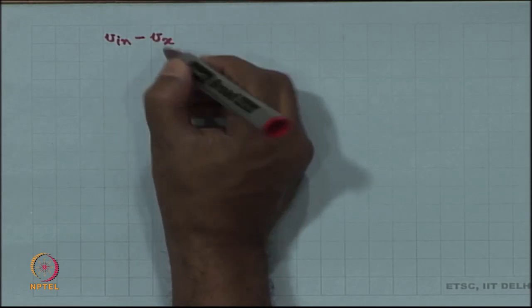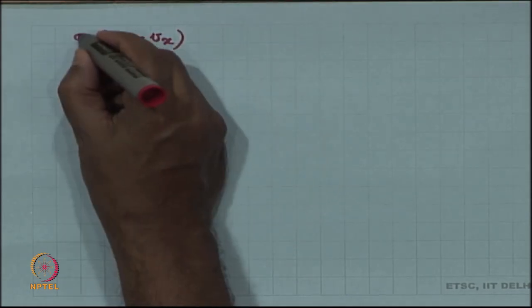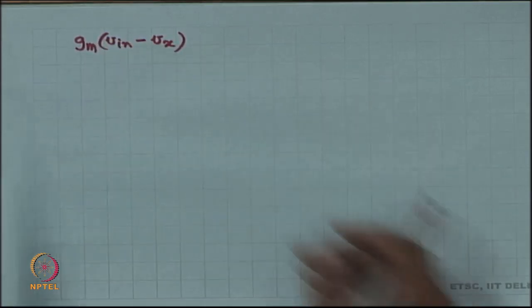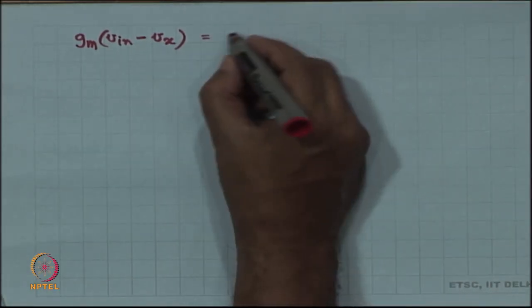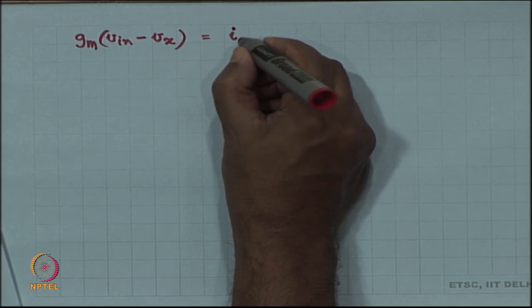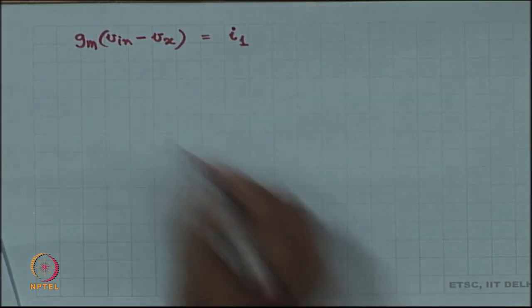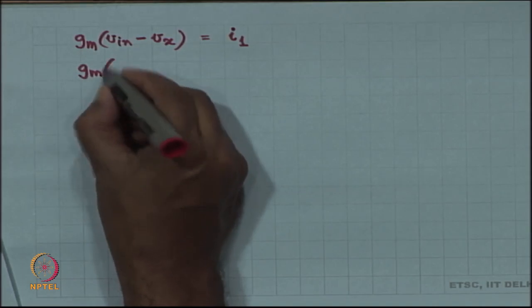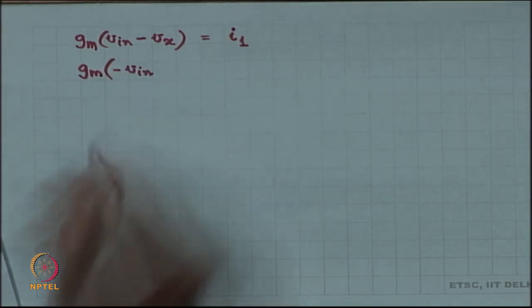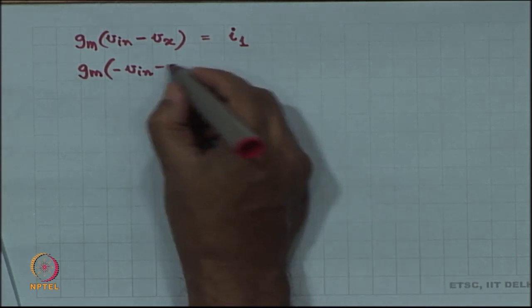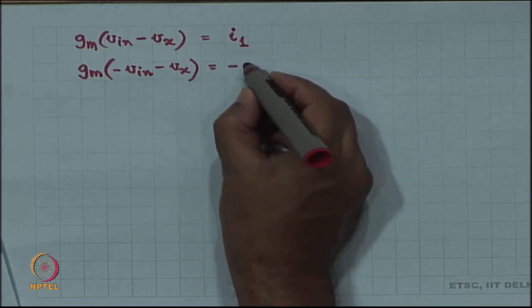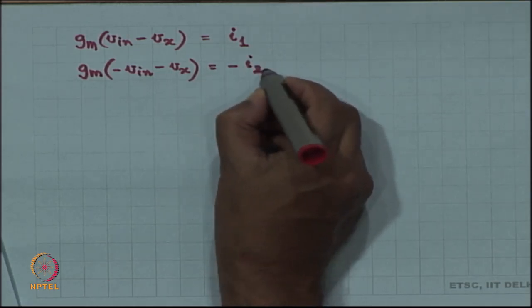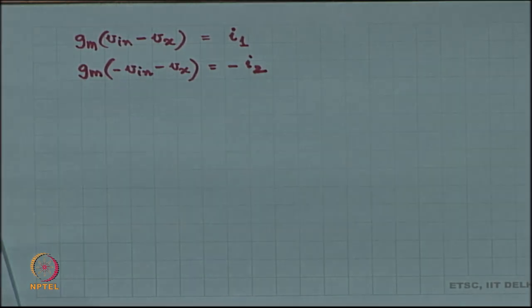So, VGS is Vx, this times Gm is the incremental change in the current on the left side. Okay. And on the other side I applied a small signal minus V in and the source changed by Vx, and this was minus I 2. Okay. If I add these two expressions, what do I get?